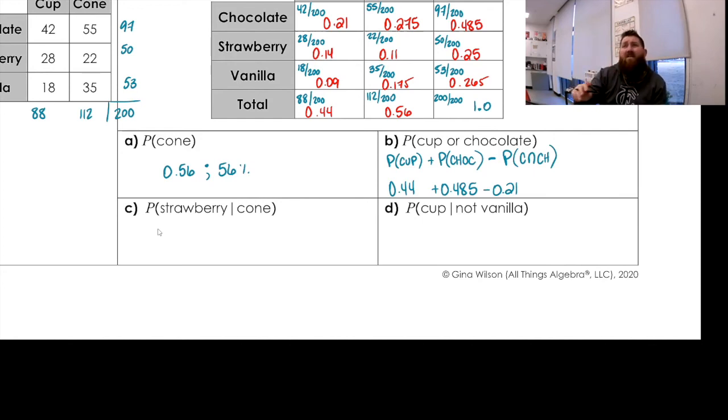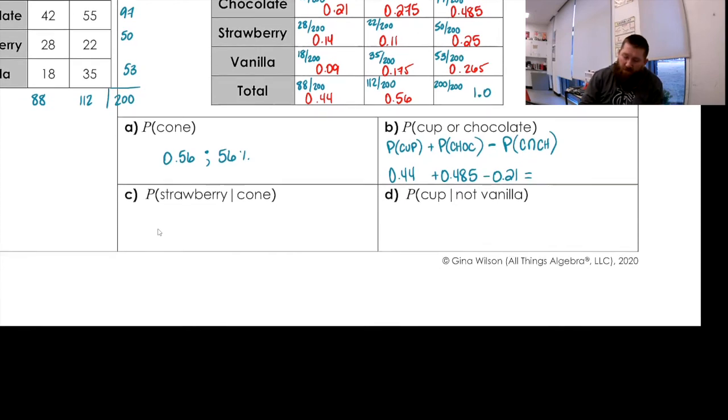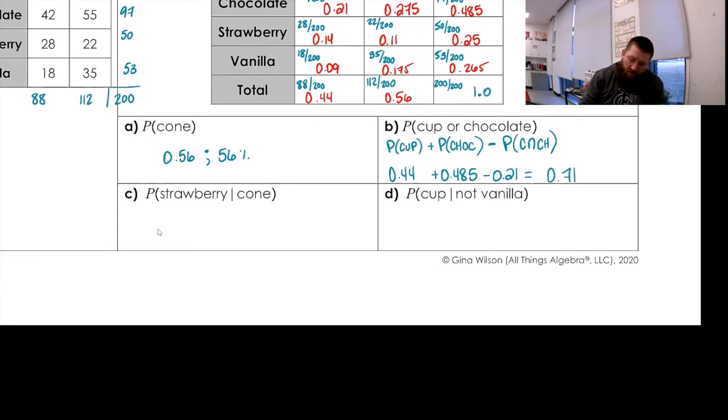We cannot calculate it twice because it's going to skew us. Okay, 0.485 plus 0.44 is 0.925 minus 0.21, and we get 0.715, or 71.5%. That's the hardest part on this.